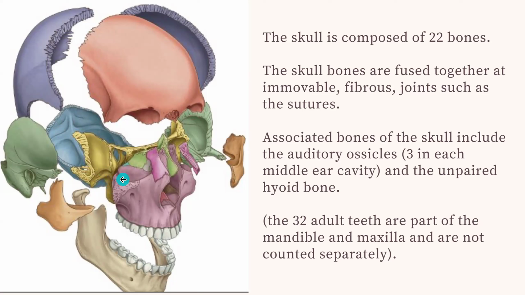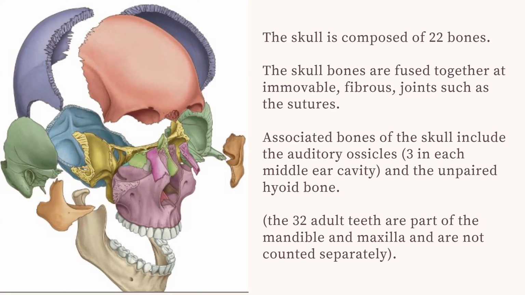And the skull has associated bones. These associated bones are the auditory ossicles, three on each side, which are the smallest bones in your body and among the first to be embryologically developed.